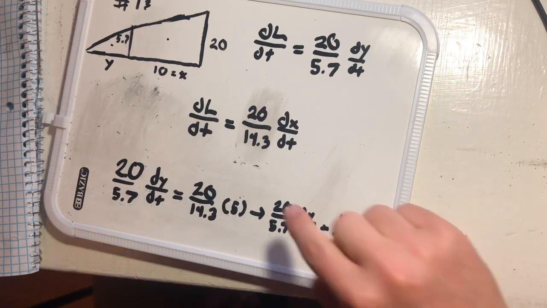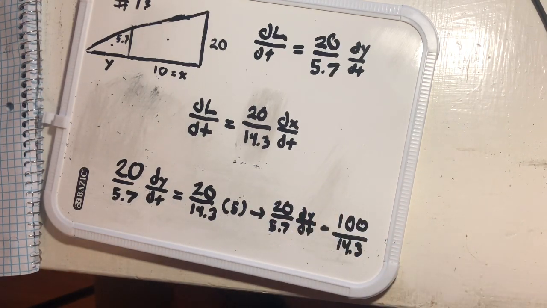Now we can cross multiply to solve for dy/dt.